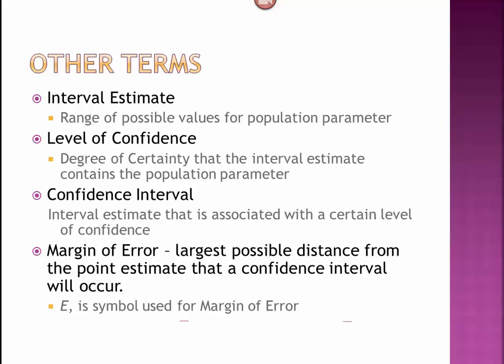Symbolically, we use E to represent the margin of error. Sometimes you're going to see ME used in that respect as well. And basically, an interval is made up of a lower boundary and an upper boundary. And once we have decided on the margin of error, we can subtract the margin of error from my x bar to get my lower endpoint, and add the margin of error to x bar to get my upper endpoint.